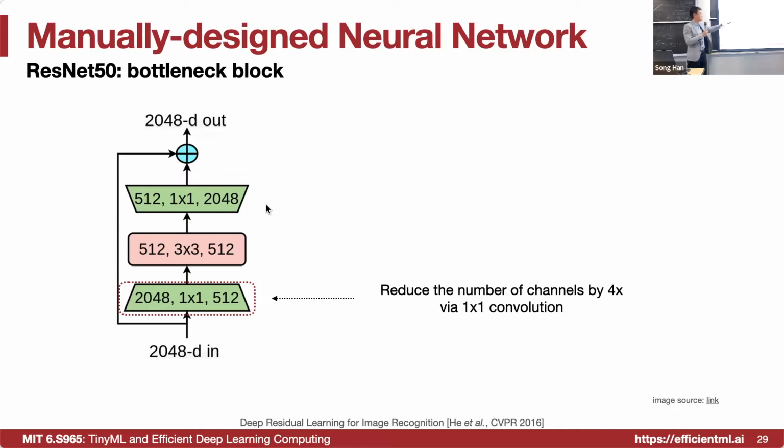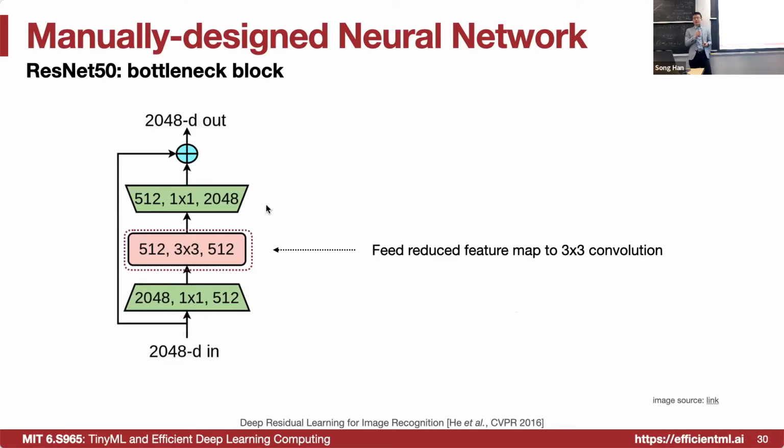So some recent papers use the reverse idea, but this is a very popular idea, okay? Introducing the bypass layer. And also it reduced the number of channels by 4x before running this 3x3 convolution, okay?